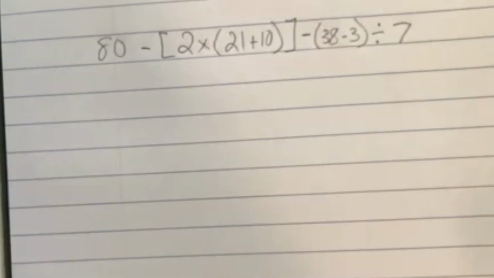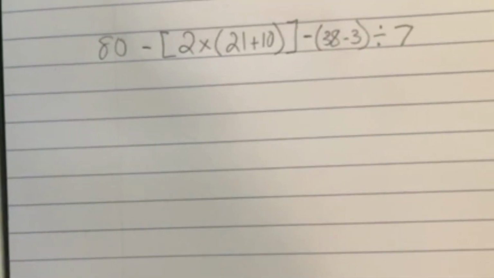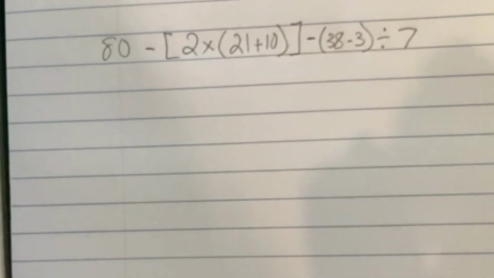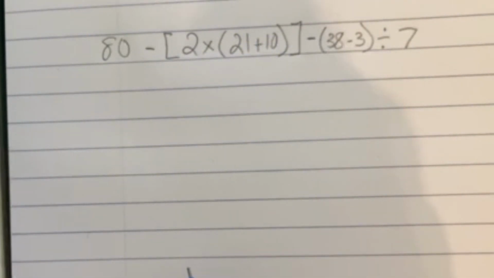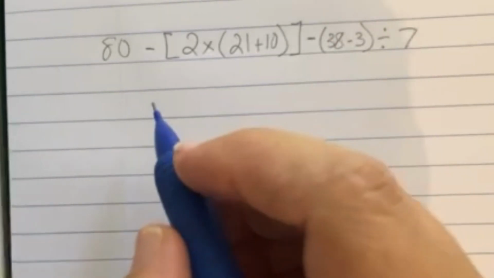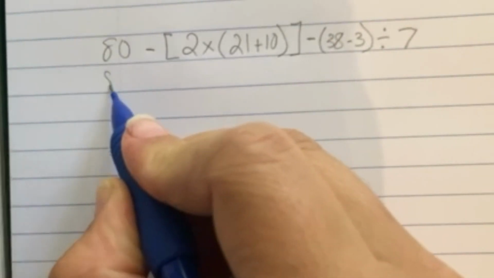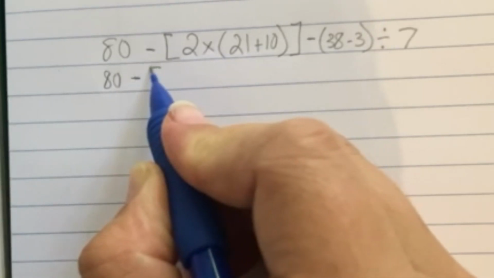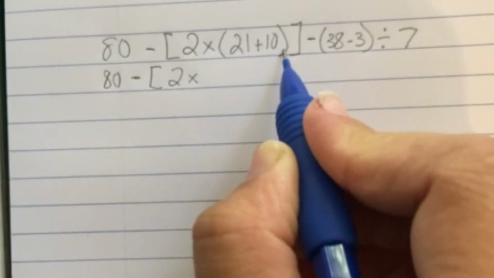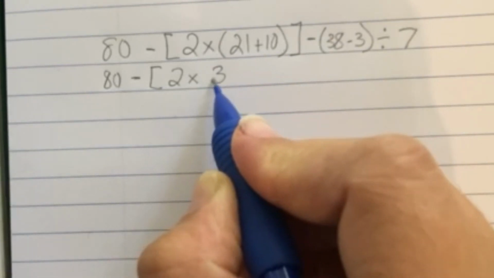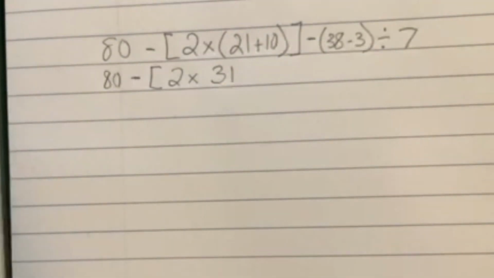So, first thing we see is that we have brackets, and inside that bracket we have parentheses. So we're going to solve what's in parentheses first inside that bracket. So let's start rewriting. We have 80 minus bracket 2 times. Well, 21 plus 10 is going to be 31. Once we solve what's in parentheses, we can take it out of the parentheses.